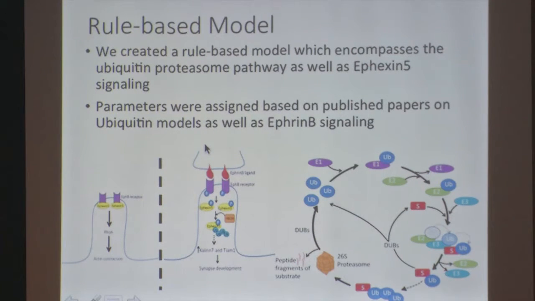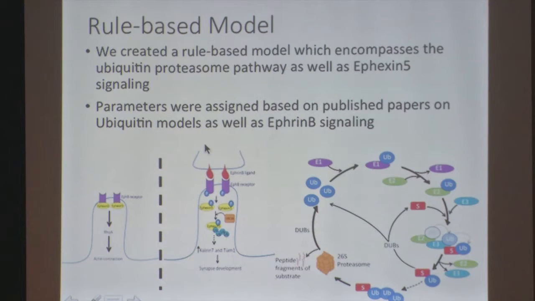It encompasses the ubiquitin proteasome pathway, but it also encompasses the engagement of the FB receptor with its ligand and the release of Effexin and the phosphorylation of Effexin, and then following that, of course, the entry of Effexin into the ubiquitin pathway for protein degradation. So all of those features have been incorporated into this model, and I believe it's actually the first comprehensive mathematical model of the ubiquitin pathway.